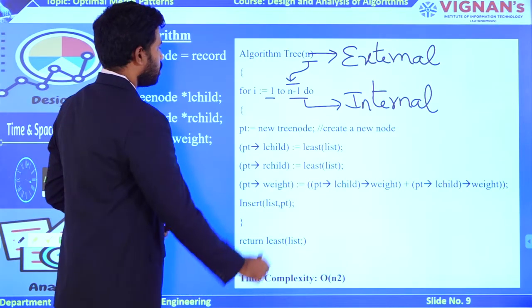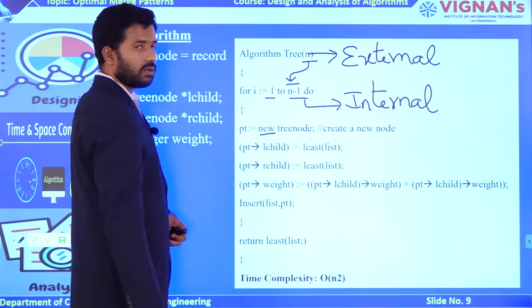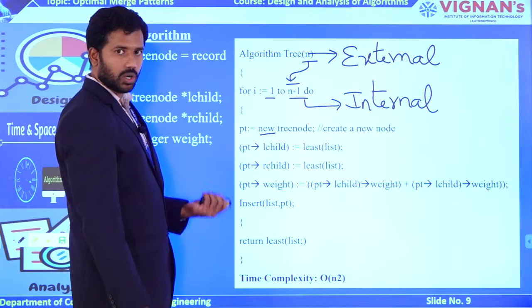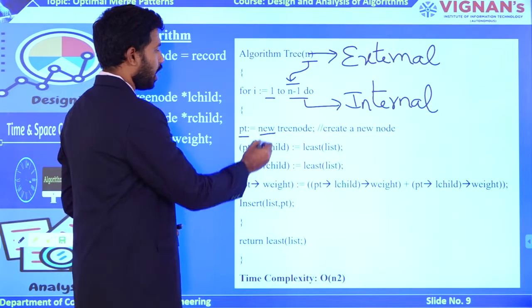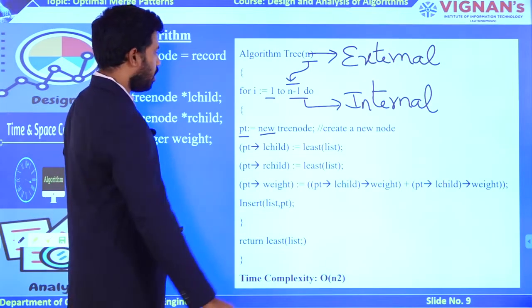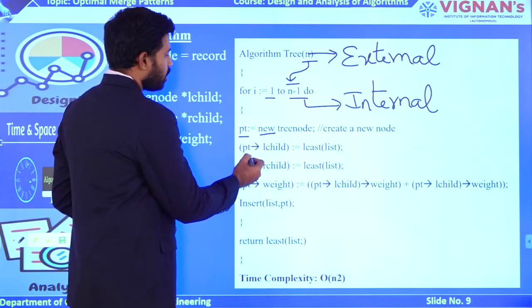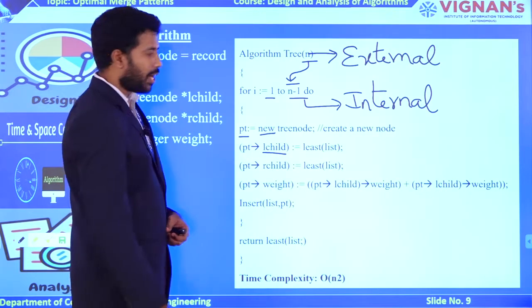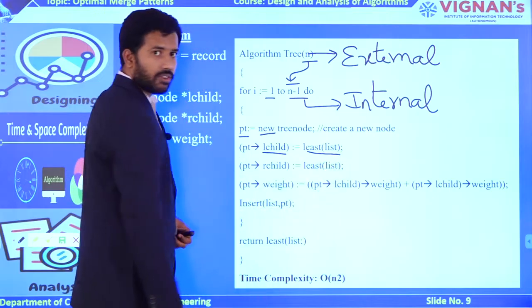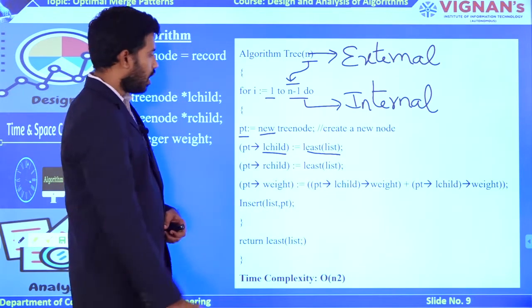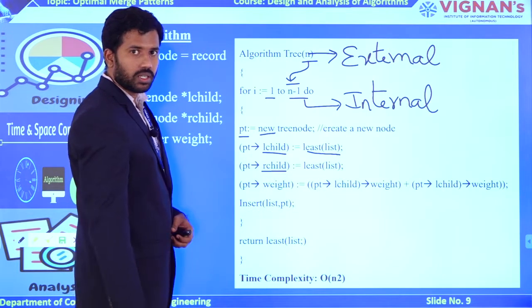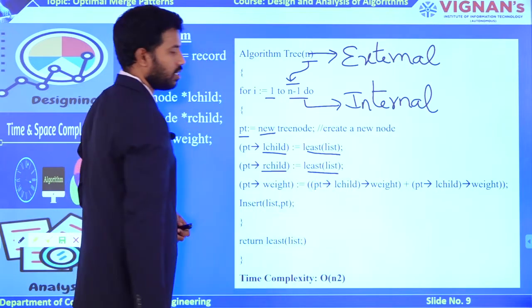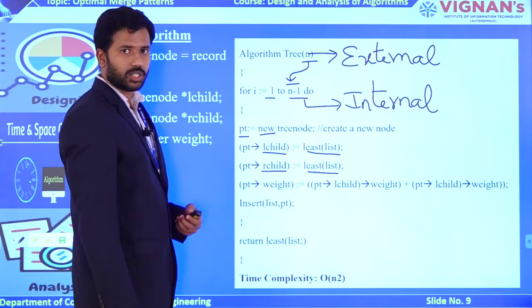Now here I have created the memory for my new node that is pointed to by PT with the help of the new keyword. Coming to the left children, the left children is pointing to the first least file size, and the right children is pointing to the second least file which is available in my list.